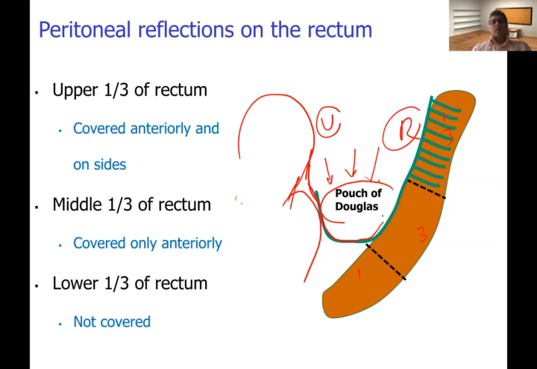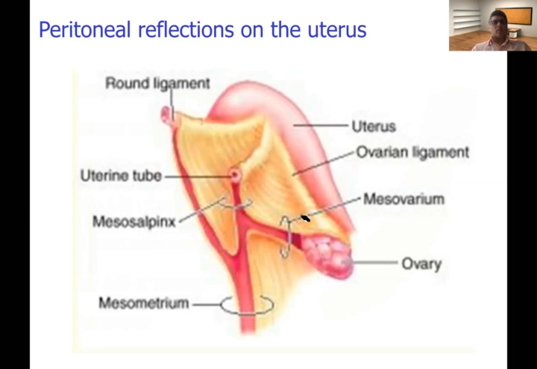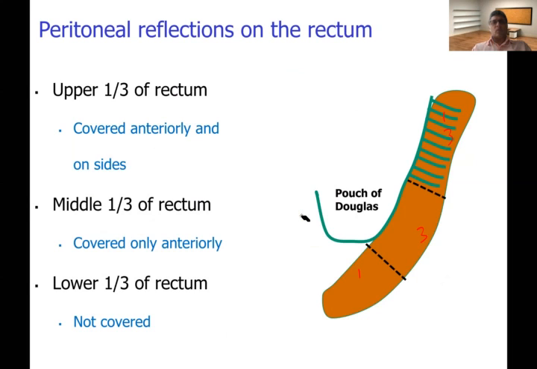Or you call it, this is a famous term, pouch of Douglas, which is also clinically very important. We'll come back to it again later. So remember these points, which are also important. We'll talk about the peritoneal reflections and come back to the pouches, pouch of Douglas and other pouches.